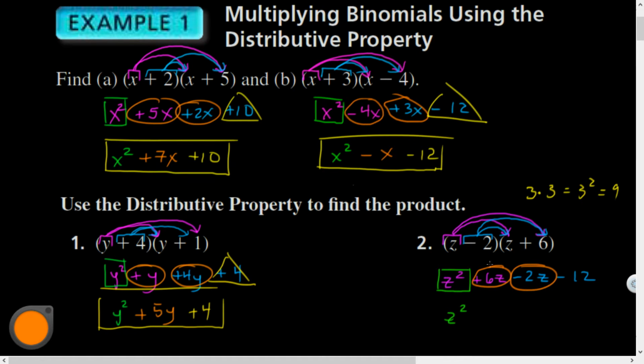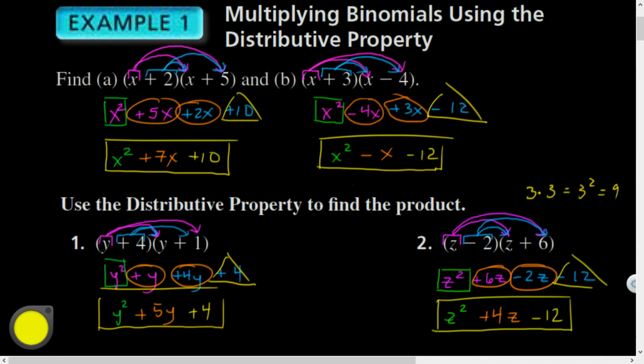How many z's do I have now? 4z. And then the negative 12. If I had some other constants, then I could have combined it, but in this case, there weren't any. Okay? So yeah, that's how that works.